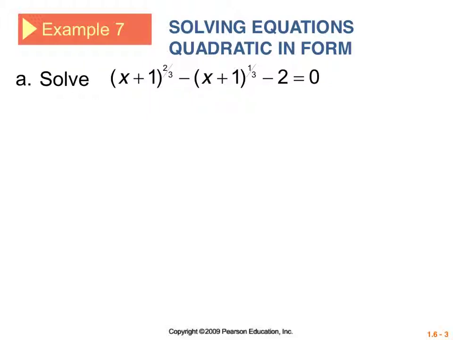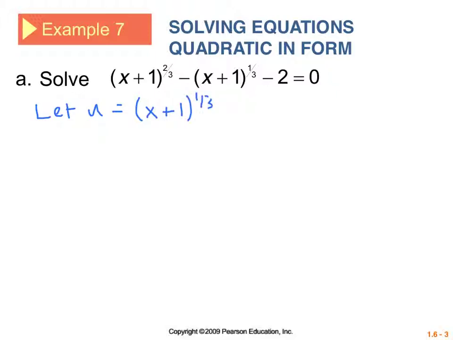And as a rule of thumb, generally it's always this middle expression. And so what we're going to do is take that and let that be our u. So we're going to say let u equal x plus 1 to the 1/3.